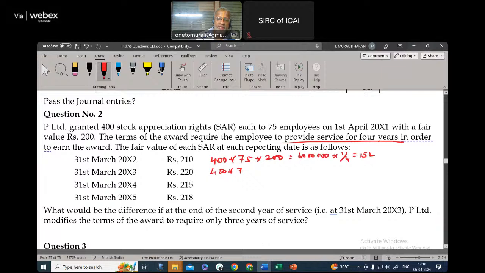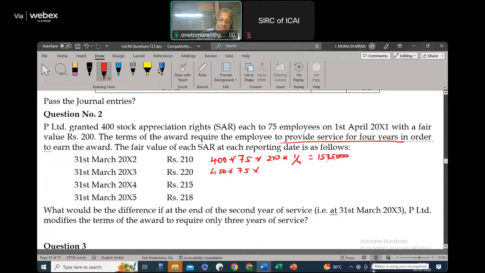Sorry, I have committed a mistake; it is 210. 400 into 75 into 210, that is 63 lakhs, into 1 by 4, which is 15,75,000.